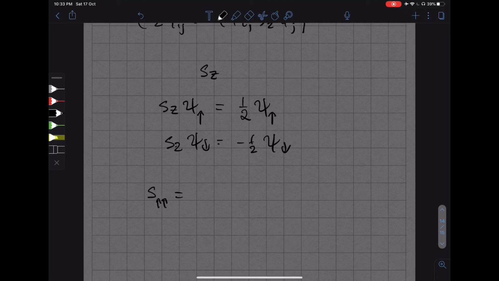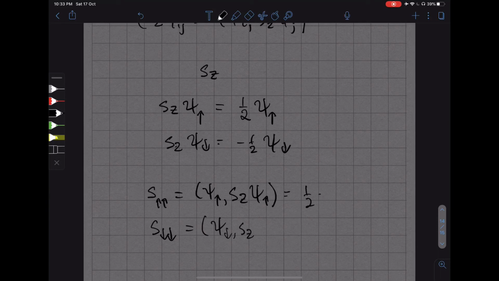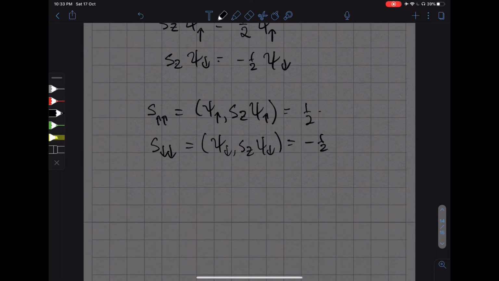S up up is going to be psi up, Sz psi up. But Sz acting on psi up is half times psi up, and the inner product of psi up with psi up is 1. Similarly, S down down is going to be psi down, Sz acting on psi down, and that's going to give me minus half.